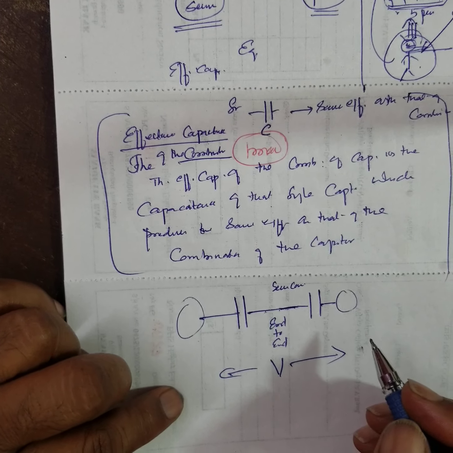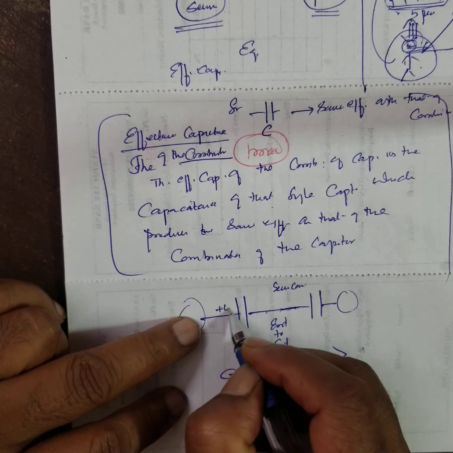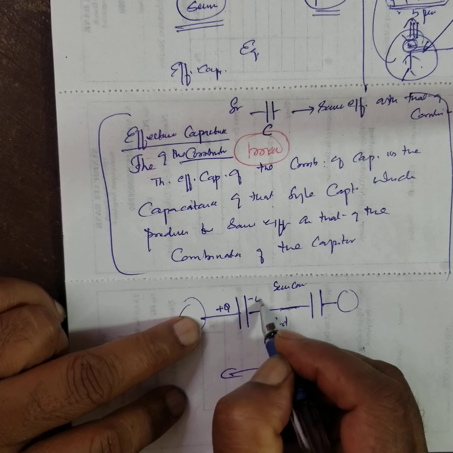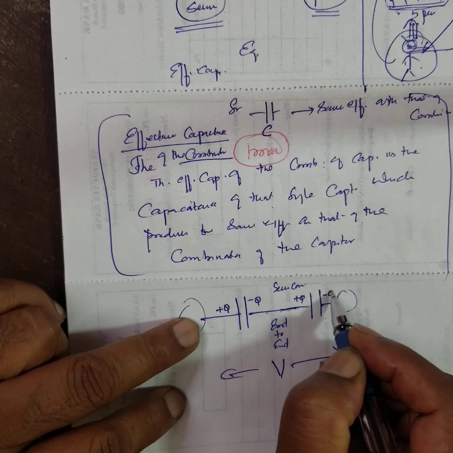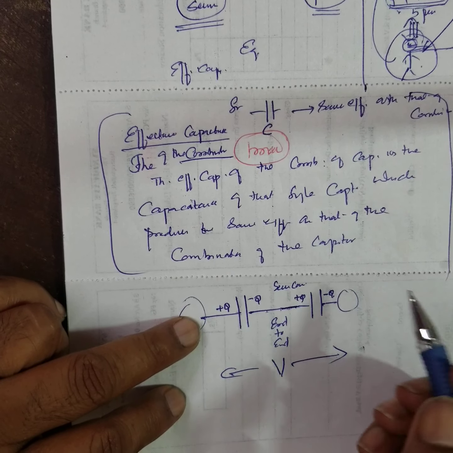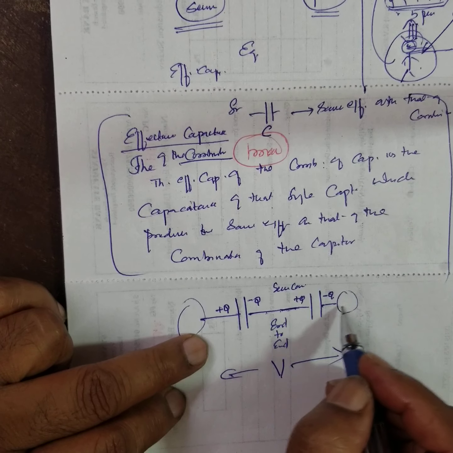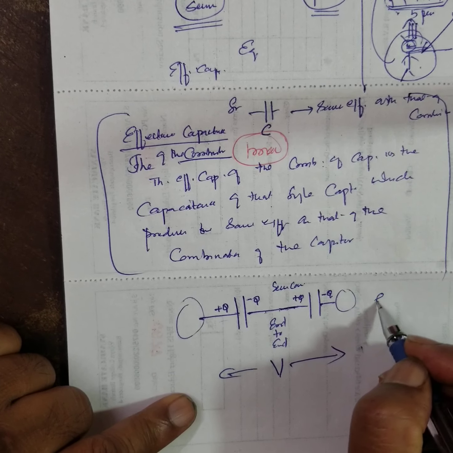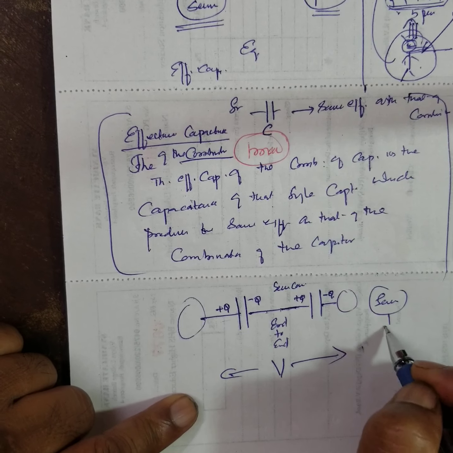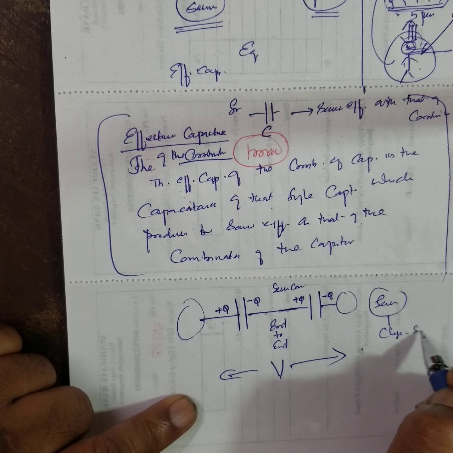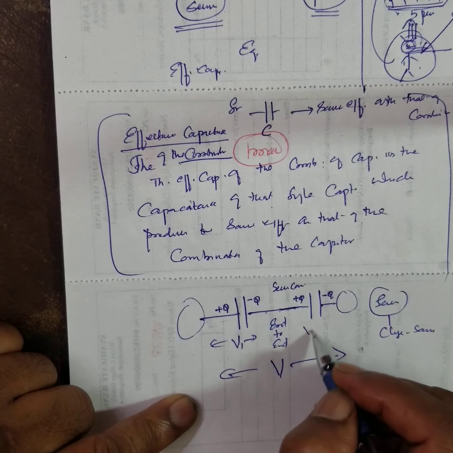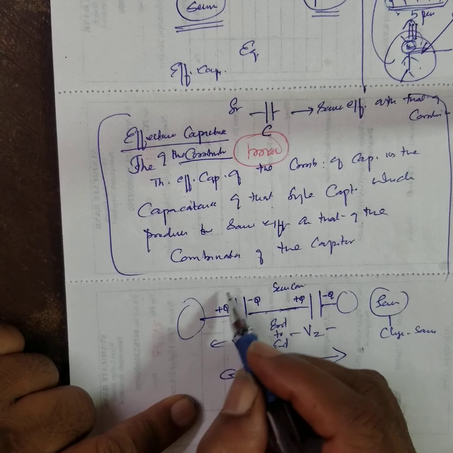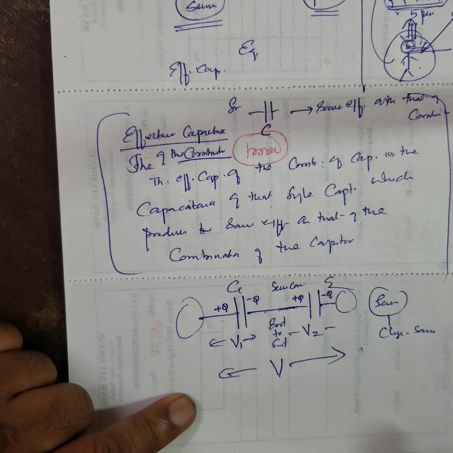Charge remains same. Suppose here 10 coulomb of charge, it induces 10 negative charges. This induces 10 positive charges. This induces 10 negative charges. So for the series combination, charge remains same, but potential difference is different, V1 and V2, because capacitances are different.